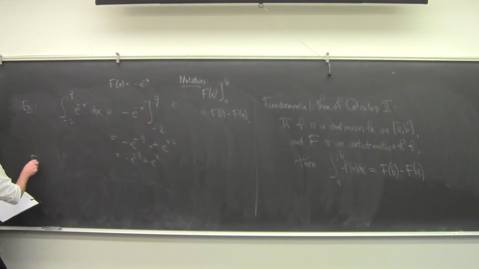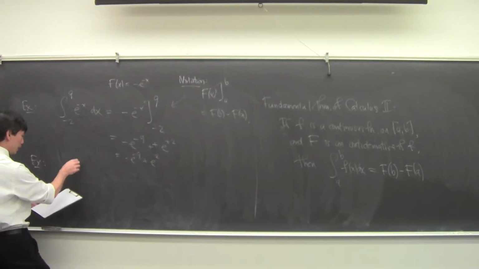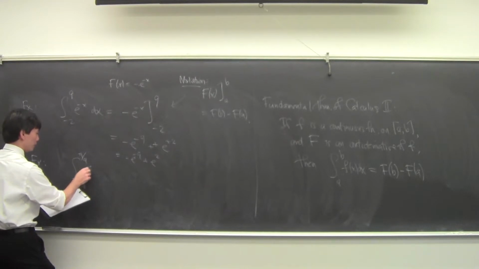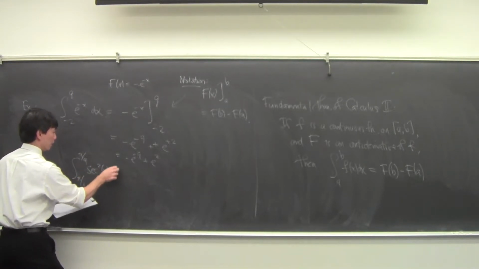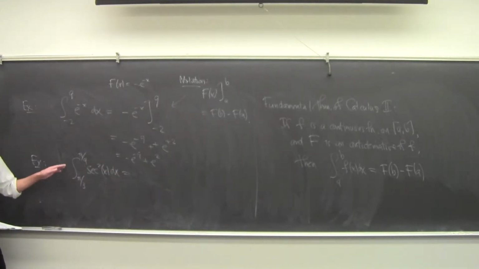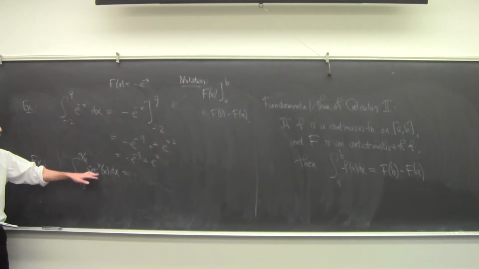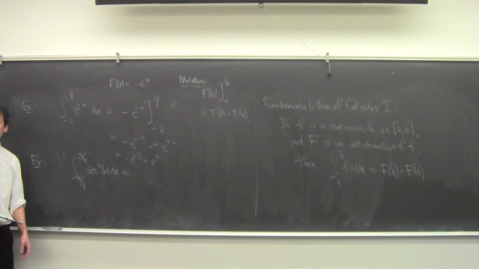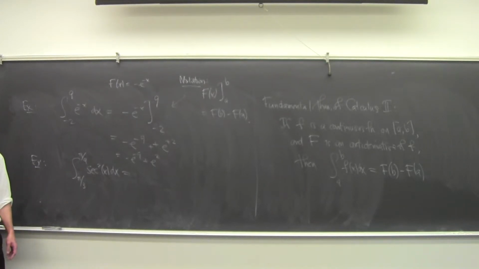Second exercise, basically the same level of difficulty: the definite integral of secant squared between pi over 3 and pi over 4. So again, take 30 seconds and write down something.